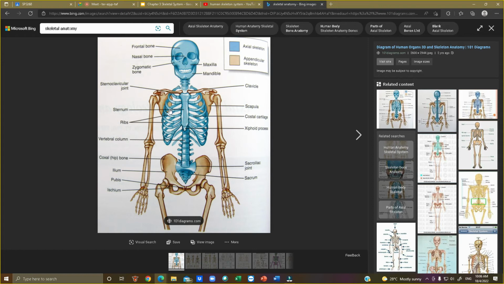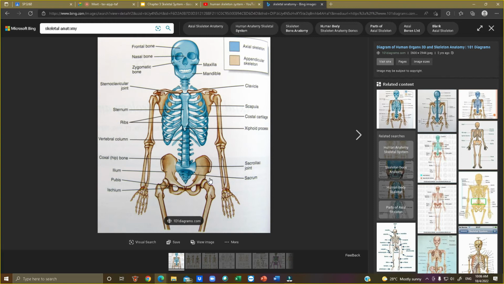This is the origin. And the skeleton that attaches to the axial is known as appendicular, which is your hands and your legs. So the axial is the core, and the appendicular is its branches.